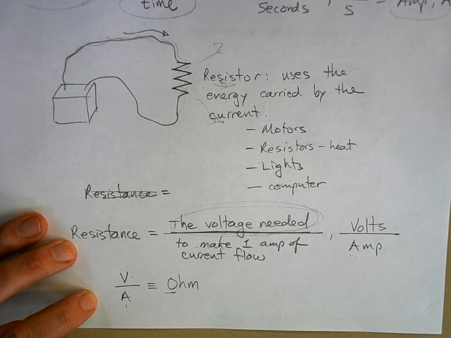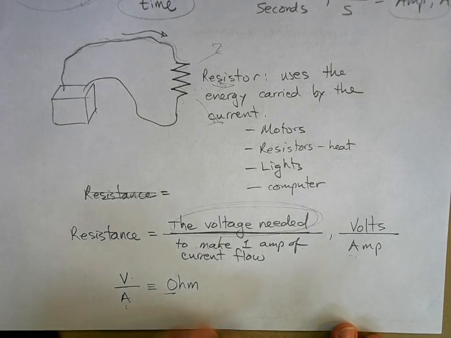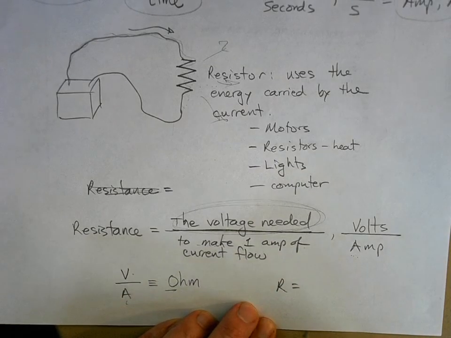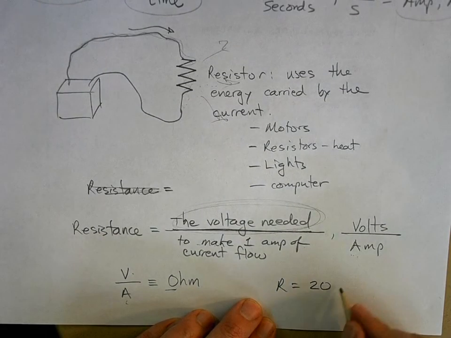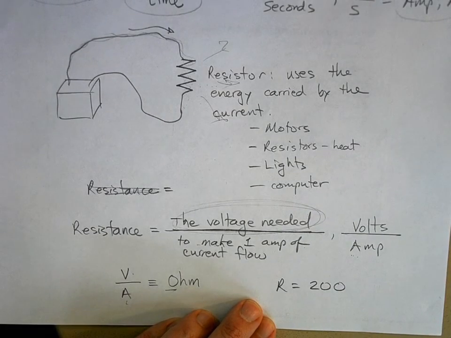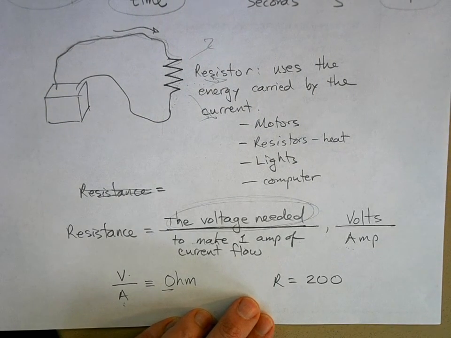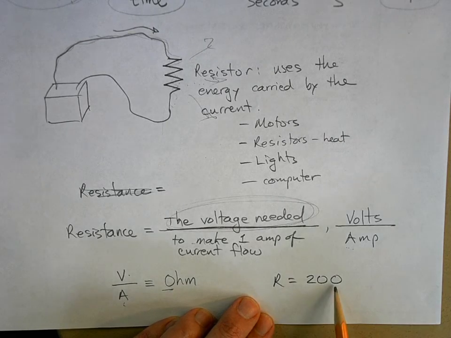Okay, that's great. So what if a resistor requires 20 volts per amp, or 20 ohms. You see a problem? Yes, there is a problem. An O looks like a 0.